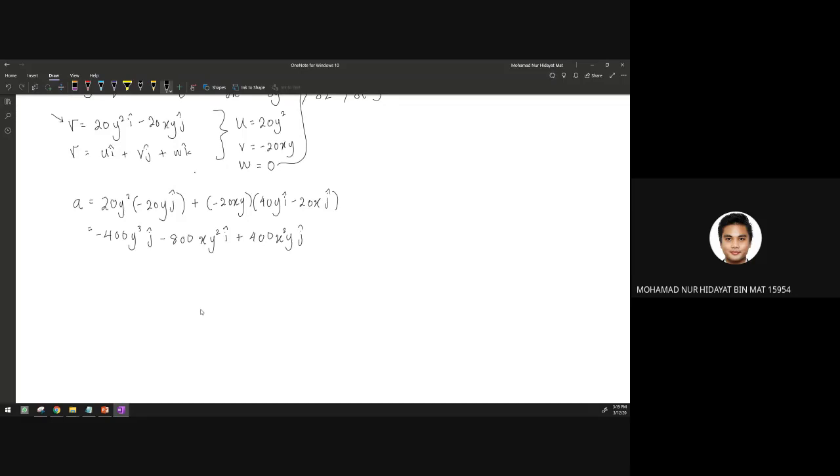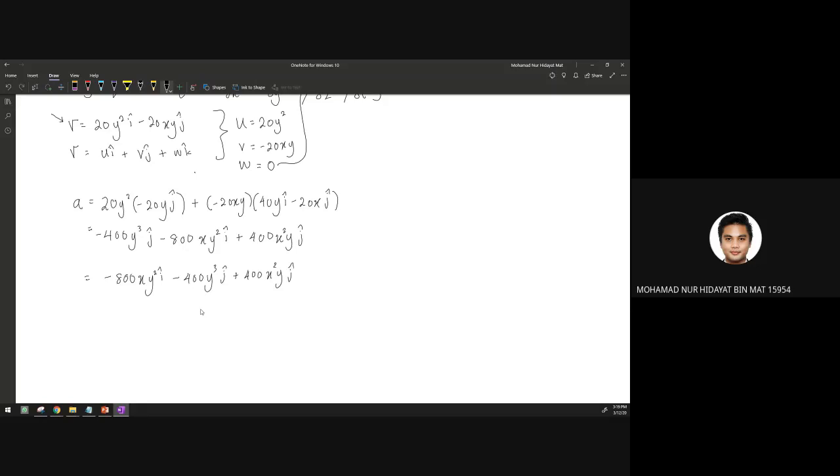Then you simplify further. With i there is no friend, but j with j there is. So you rearrange the equation. The first term is negative 800xy squared i, and then negative 400y cubed j plus 400x squared y j.